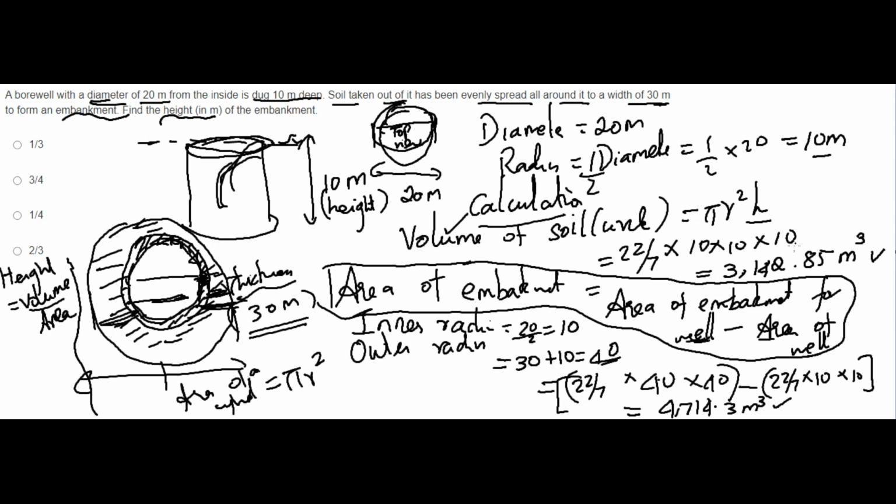The volume is already known, 3142.85, divided by the area, which I have already written here as 4714.3. If you do so, you will get the answer 2/3. That is option 4.